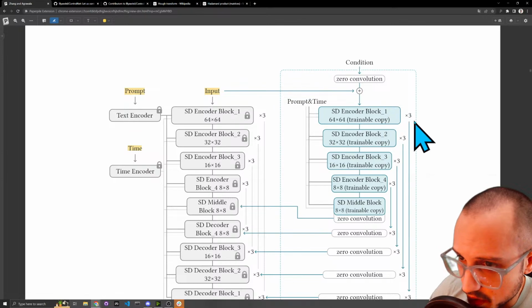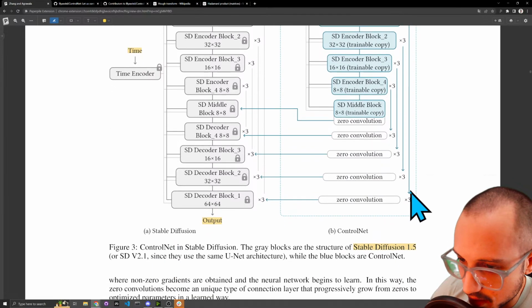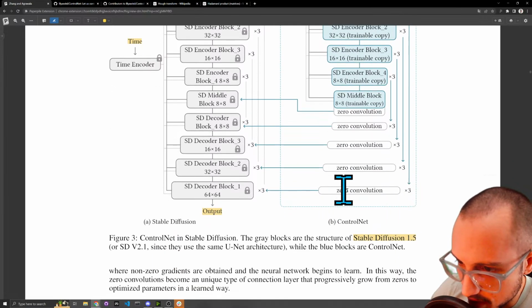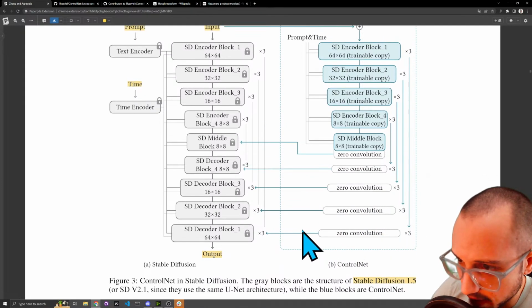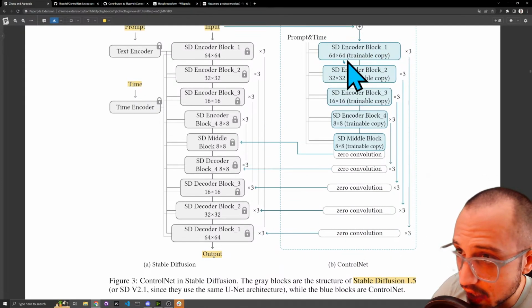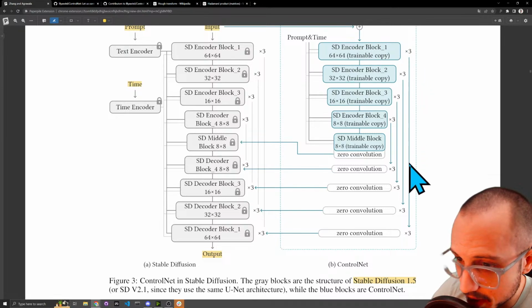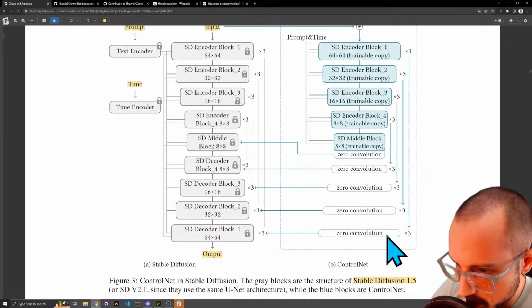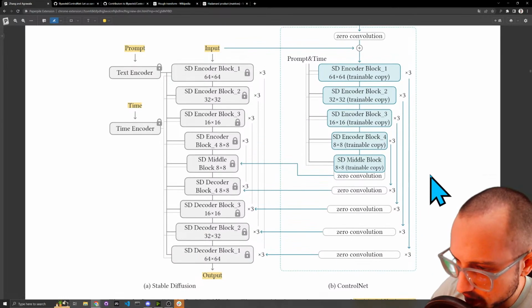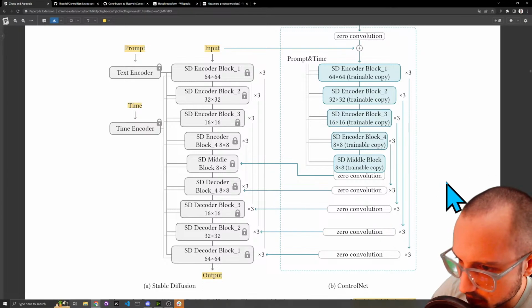And then here you have a residual connection. So it seems like this SD encoder block 1 actually feeds something into this zero conv here. And this zero conv takes the output of this. See, it's coming down through here, then it goes into the zero conv, then it goes straight to here. So what's interesting is that, to me, this has a very similar energy to residual connections.